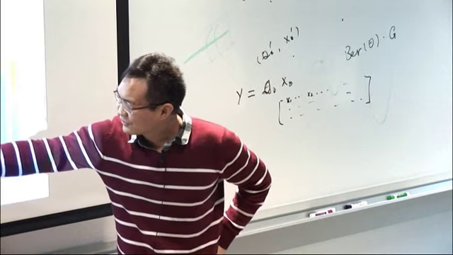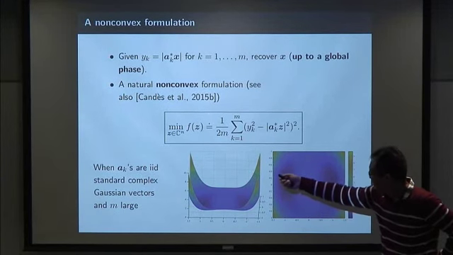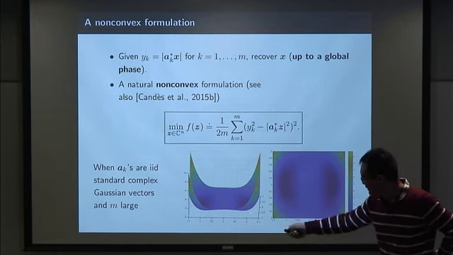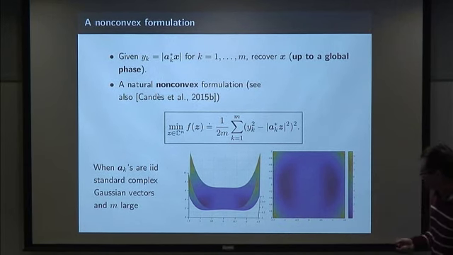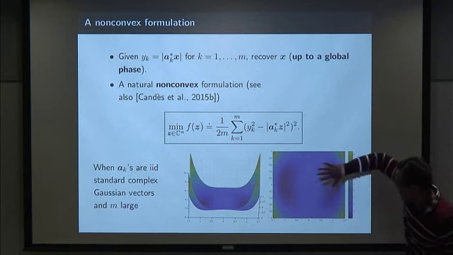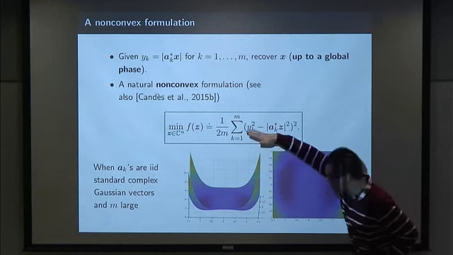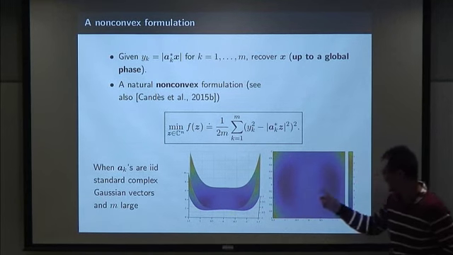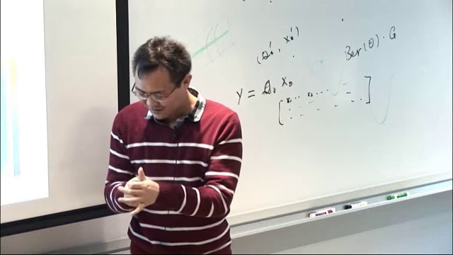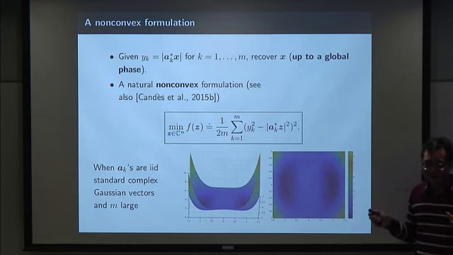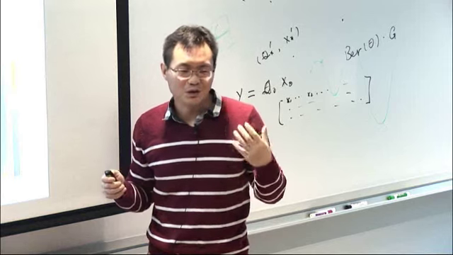And this is what this function looks like, what this fourth order polynomial looks like in space. Or if it's not clear, I push the function down to the plane. This is where I push the function value down to the plane, and you can see. So here, this point and this point are the global minimizers, the thing you want to recover.